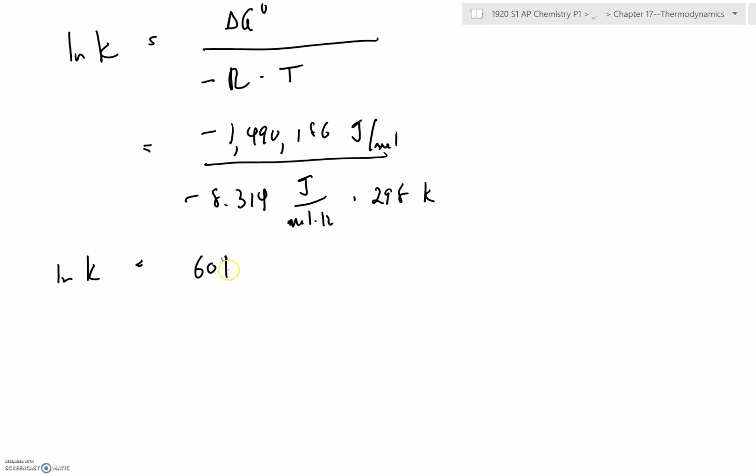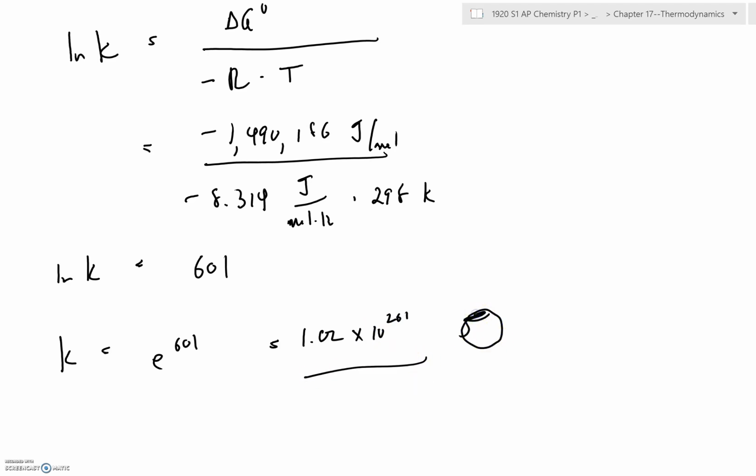I get 601. So to find K, we're going to take e to the 601, right? And we get a very, very, very large number. We get 1.02 times 10 to the 261.